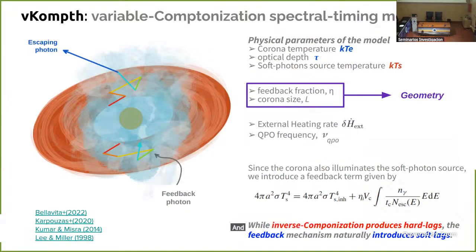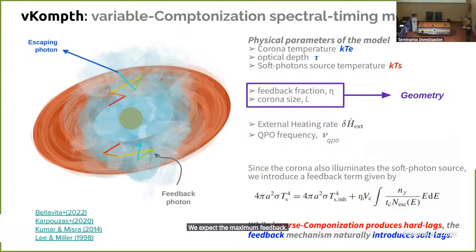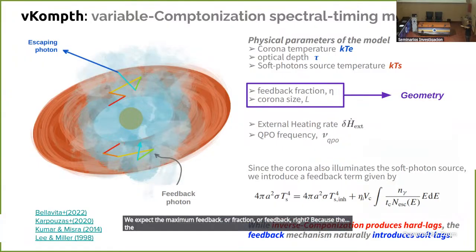And also something about the shape, in such a way that if the corona is, for instance, over the disk, like in a sandwich configuration, then we expect a maximum feedback fraction, right? Because the corona is really extended on top of the disk, there are many photons that can come to the disk.